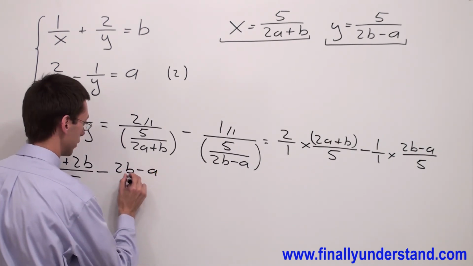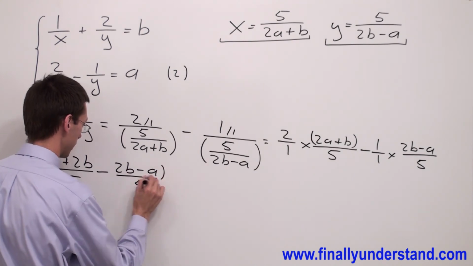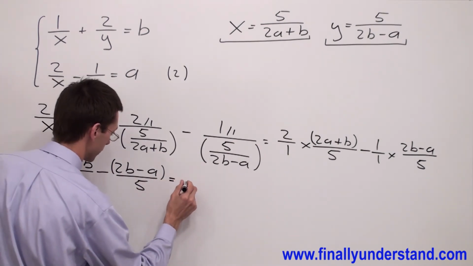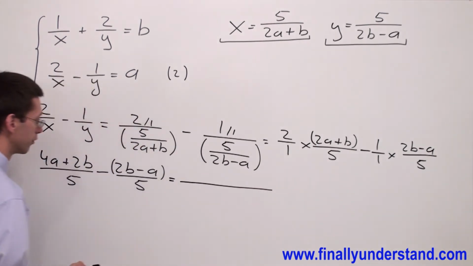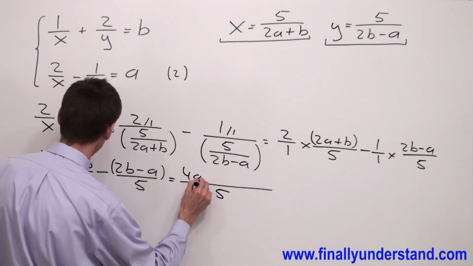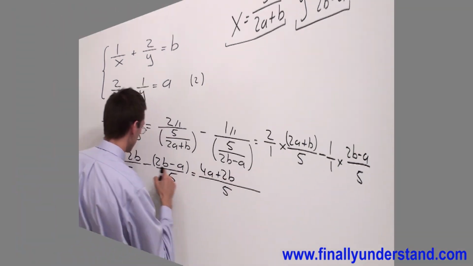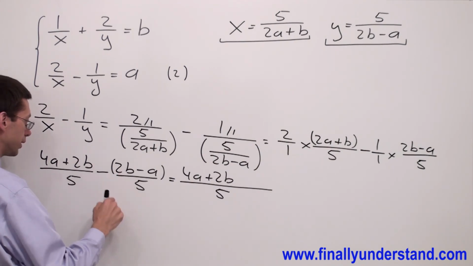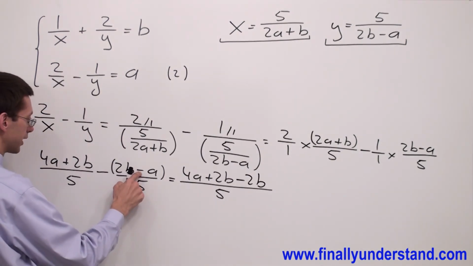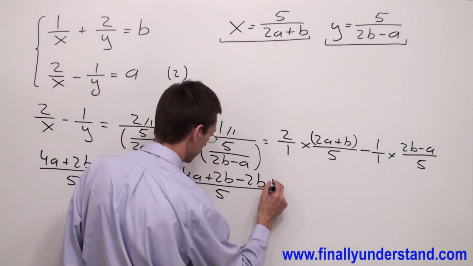Okay, I have parentheses over here because I have a negative sign at the front of this fraction, and because I have a common denominator, I can rewrite this using just one fraction bar, with the common denominator, which is 5, and I have 4a plus 2b. Negative times 2b is negative 2b. Negative times negative a gives me positive a.